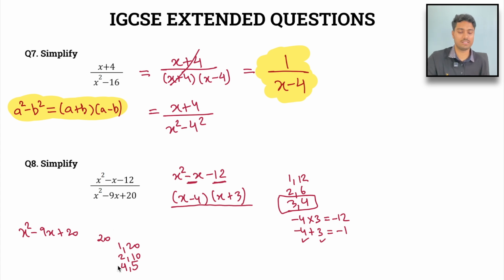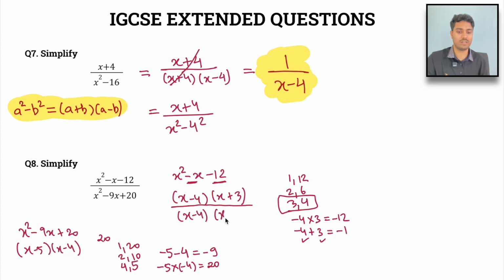We need positive 20 and negative 9. That means negative 5 minus 4 can give us minus 9, and minus 4 multiplied by minus 5 can give you 20. Hence the factors for this are x minus 5 and x minus 4. So we can write here x minus 4 and x minus 5.